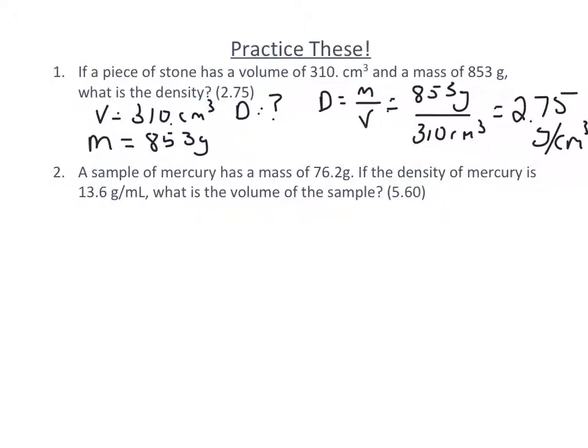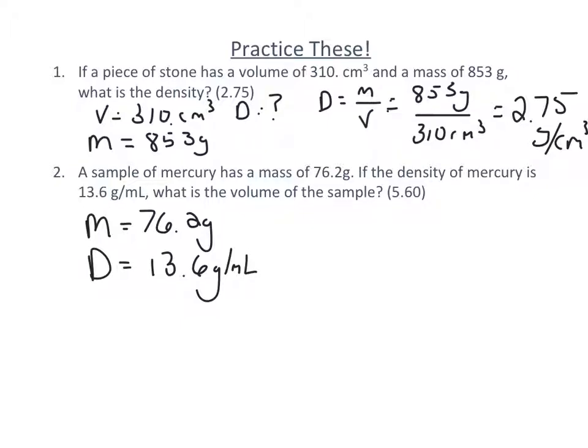So let's look at number 2. I'm going to follow the same process. A sample of mercury has a mass of 76.2 grams. If the density of mercury, so I'm given the density this time, 13.6 grams per milliliter, what is the volume of the sample?